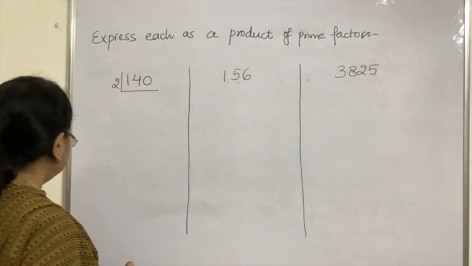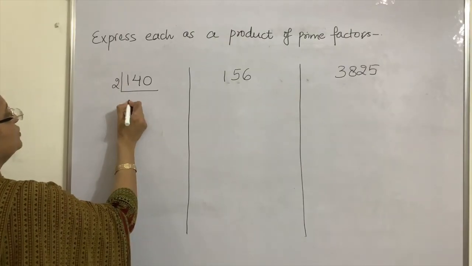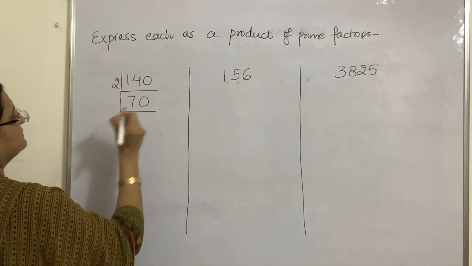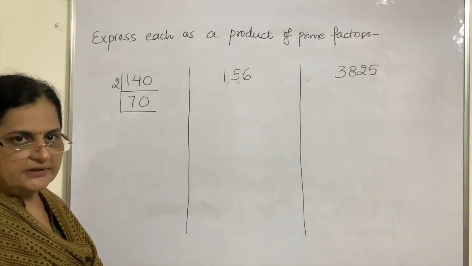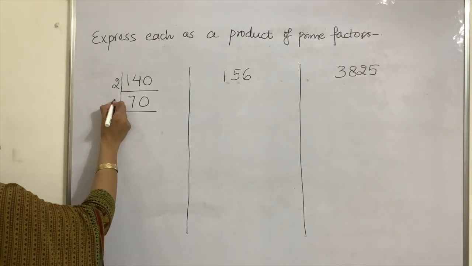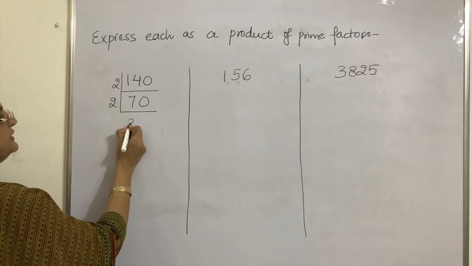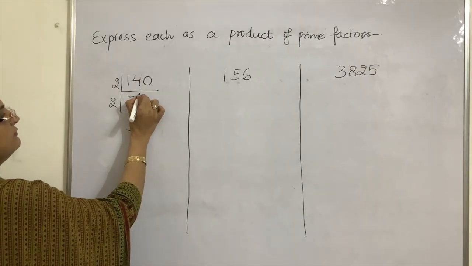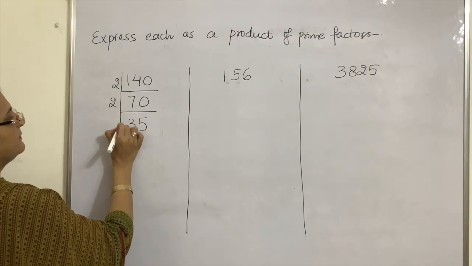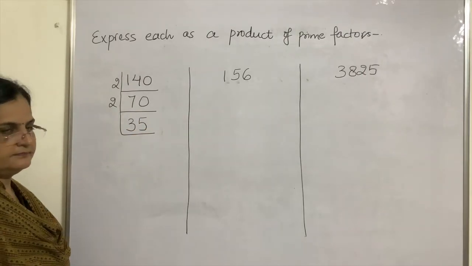I am waiting. 2 sevens are 14, 0 comes as it is. Again a prime number, again divisible by 2, divided by 2, 2 threes are 6, 1 carry, 2 fives are 10. Is it not? Very simple.